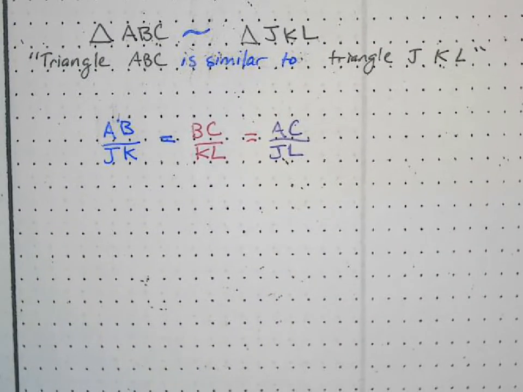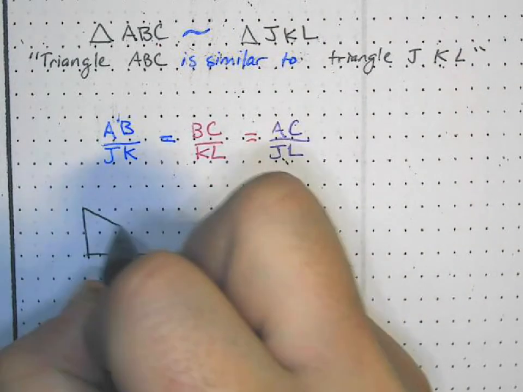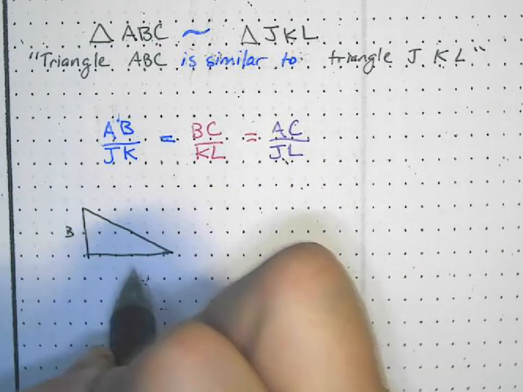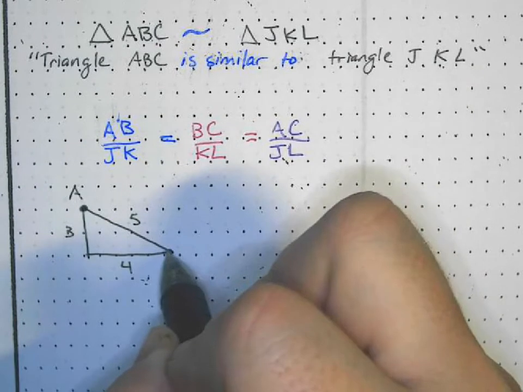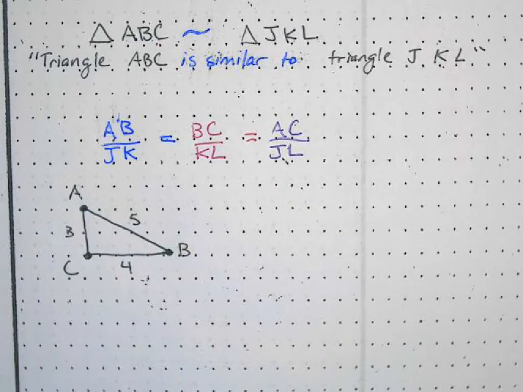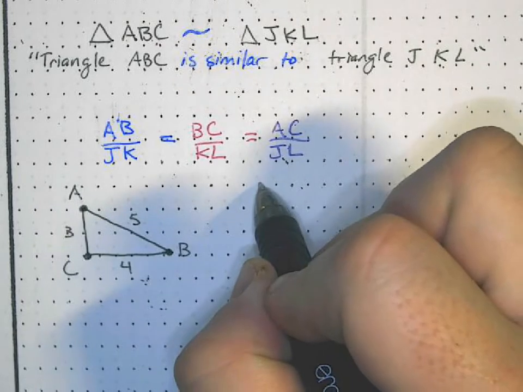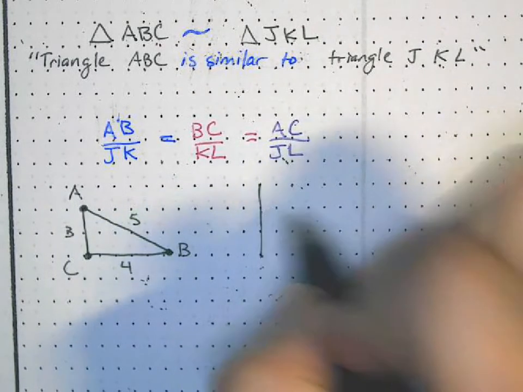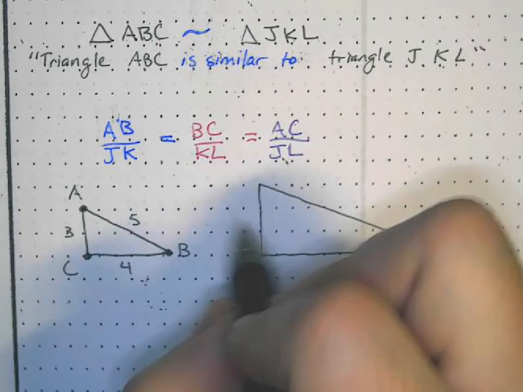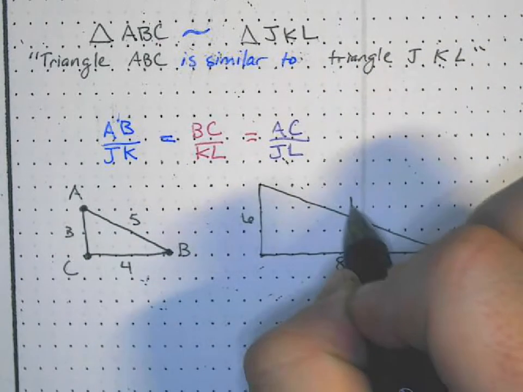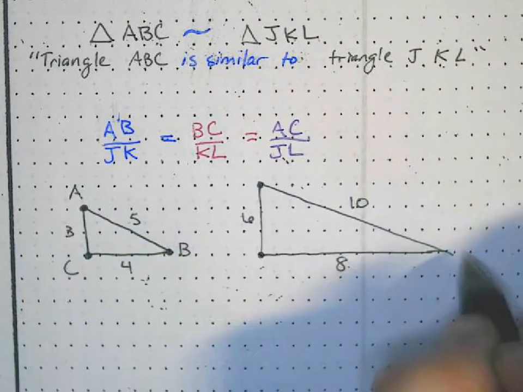So mathematically what that would look like is, say I have this triangle here. We'll call this our ABC. And we have this triangle here. Now they're similar because they would create equivalent proportions.